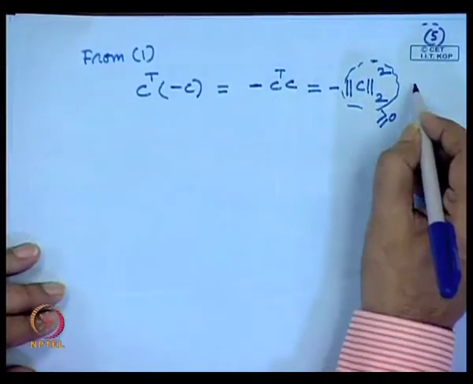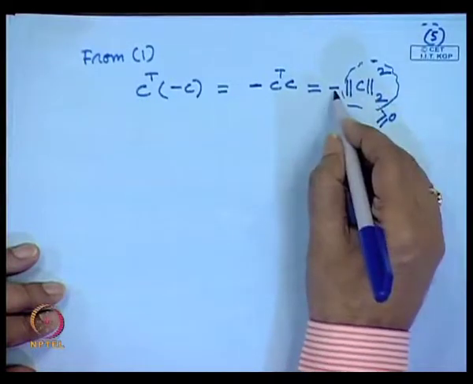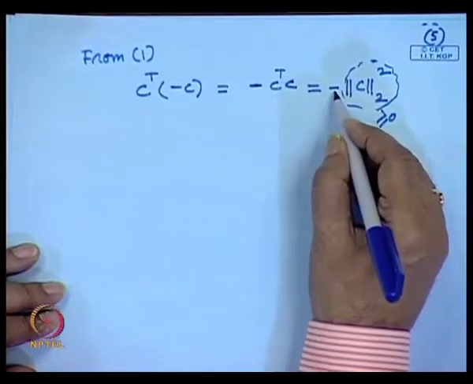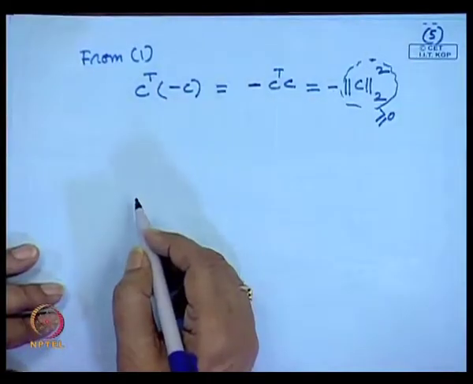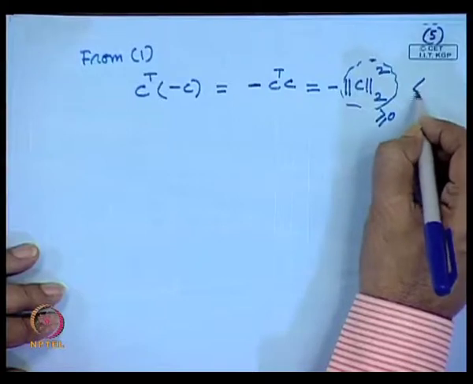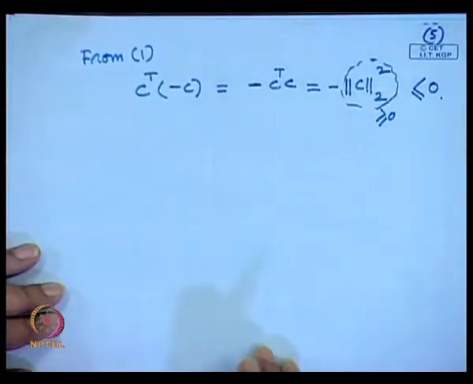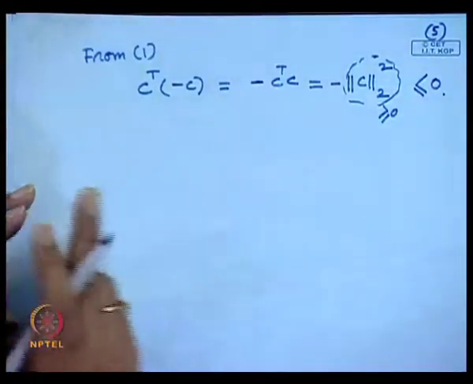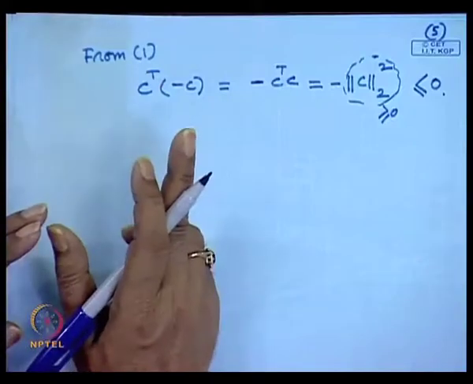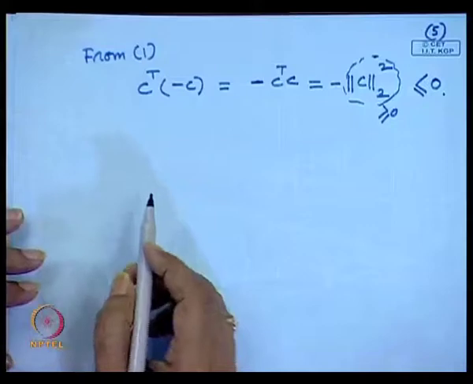Since it is preceded with a minus sign, that whole quantity is less than or equal to 0. So this is the condition that one of the choices of descent direction is with the minus sign of the cost function coefficients.